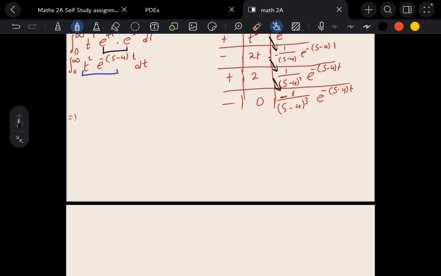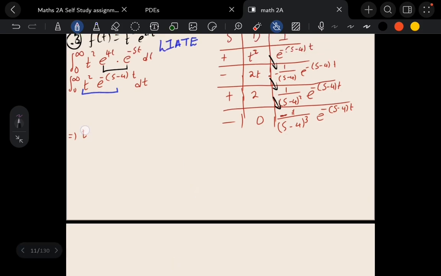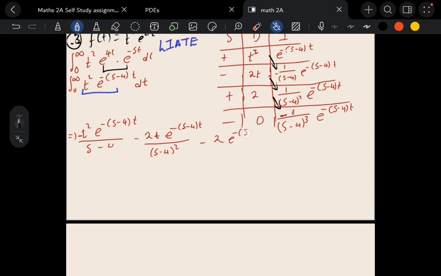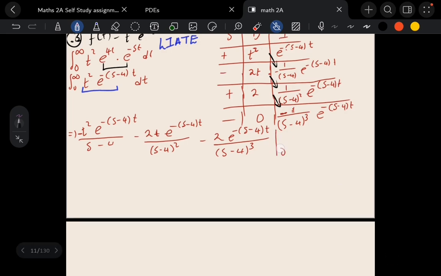So now you need to have t squared e to the power negative s minus 4 t divided by s minus 4, this thing is negative, minus 2t e to the power negative s minus 4 t divided by s minus 4 squared, and then minus 2 e to the power negative s minus 4 t divided by s minus 4 cubed, like that, between 0 and infinity.